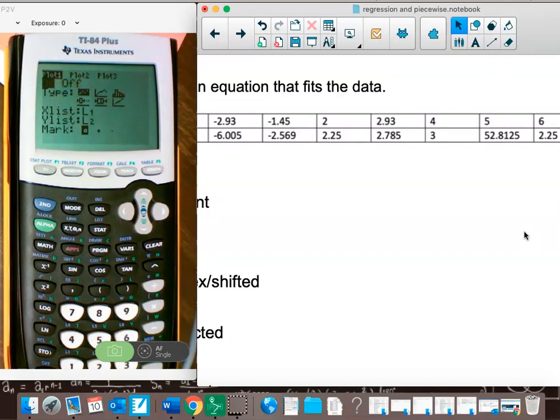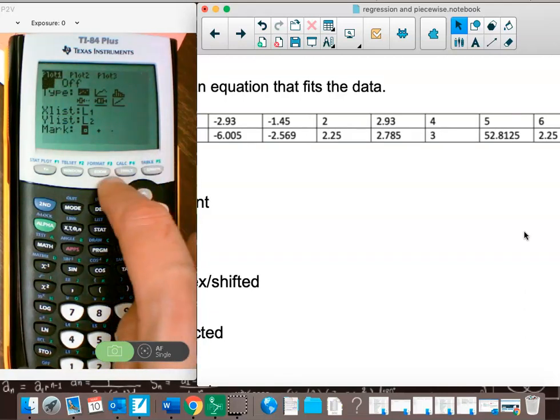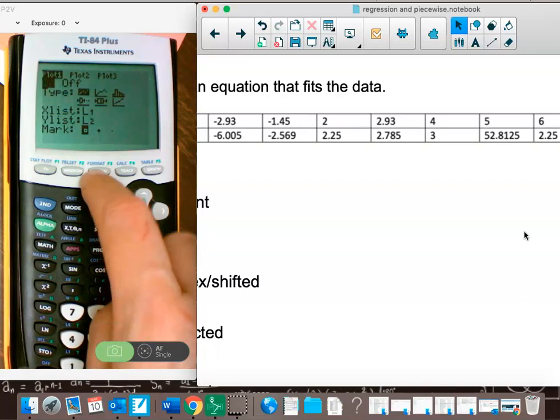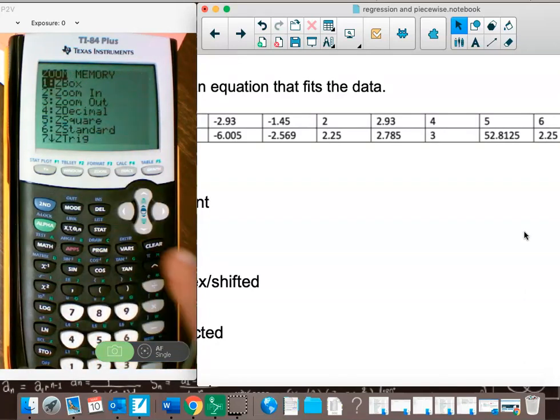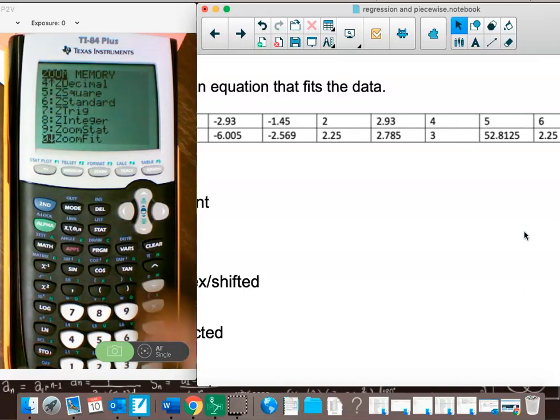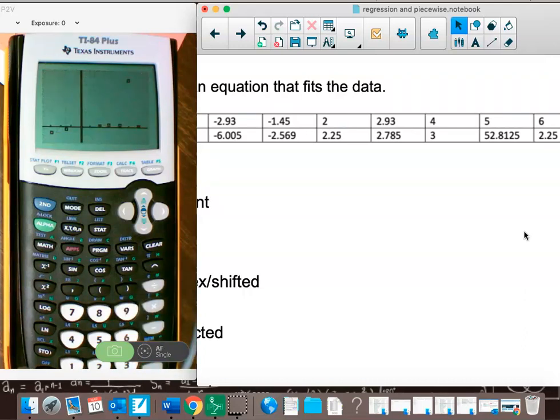You just hit enter on on. How do we fit our graph to our data? What do we use to adjust our window? Zoom. And then which option? Zoom stat. And you can just hit zoom and the number 9 and it'll adjust it.